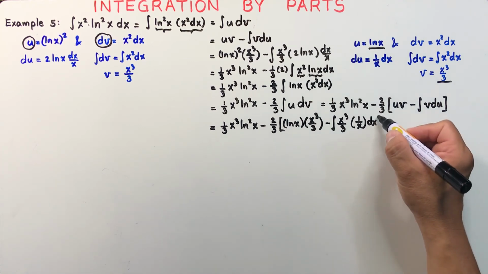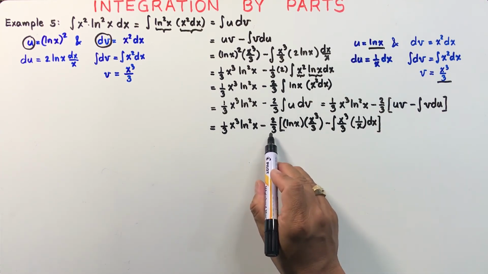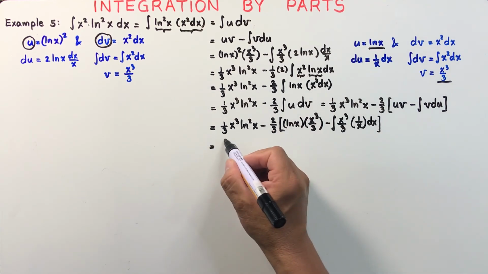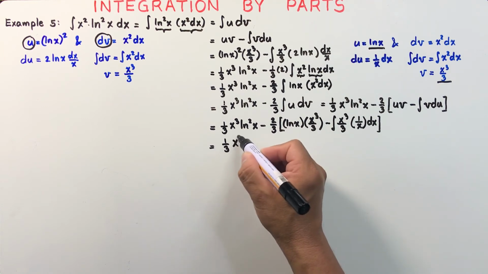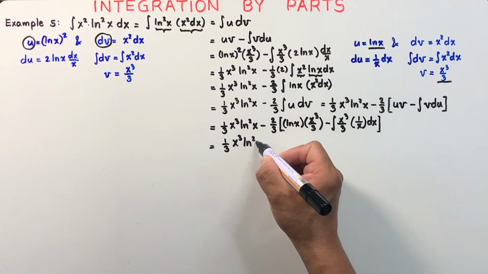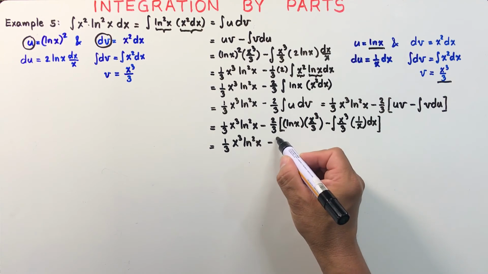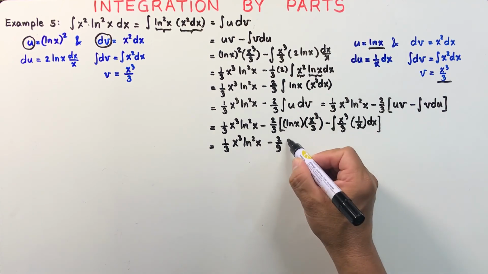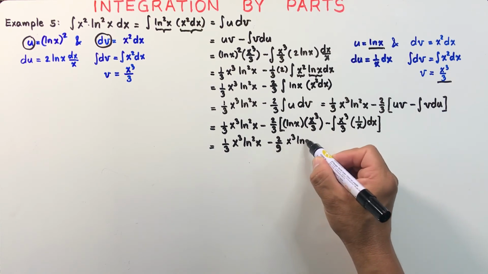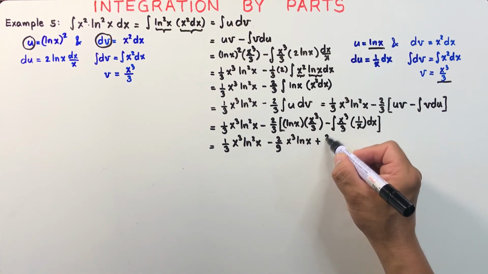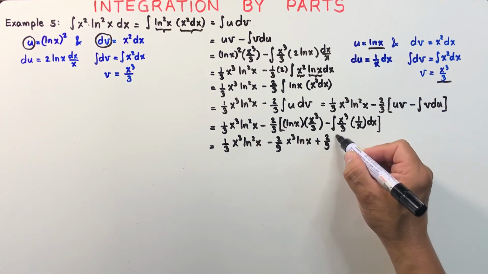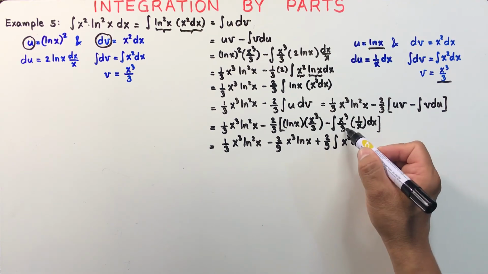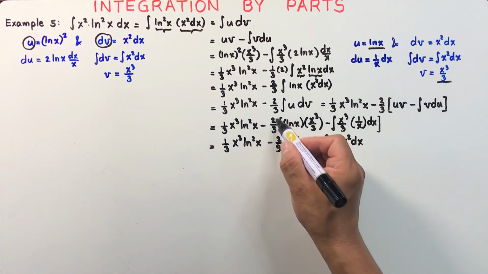And of course, the whole thing will be multiplied by negative 2/3. So we have 1/3 of x cubed times the square of ln x minus 2 over 9, because of this 3 here, times x cubed ln x plus 2 over 9 of the integral of x squared dx, because we have a 1/3 here times the 2/3 here.